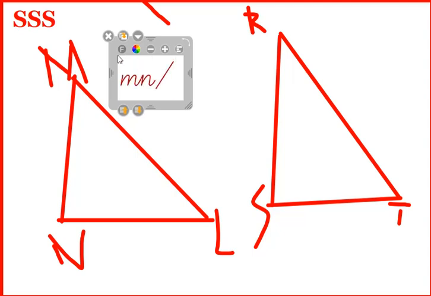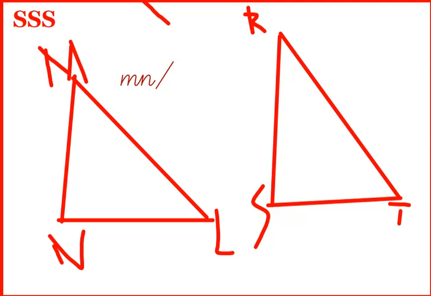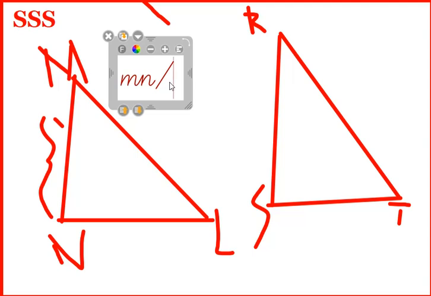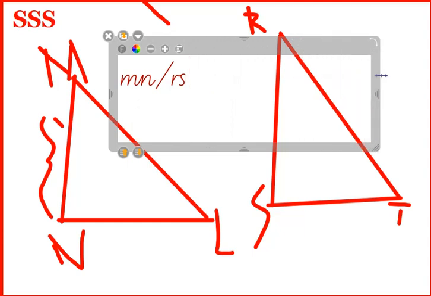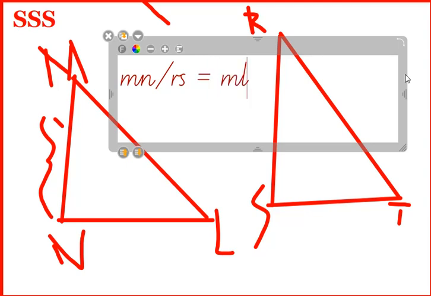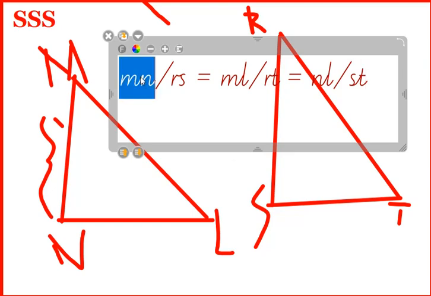So MN, which is this side, MN over RS is equal to ML over RT, and all that is equal to NL over ST. And let's have a closer look at this.